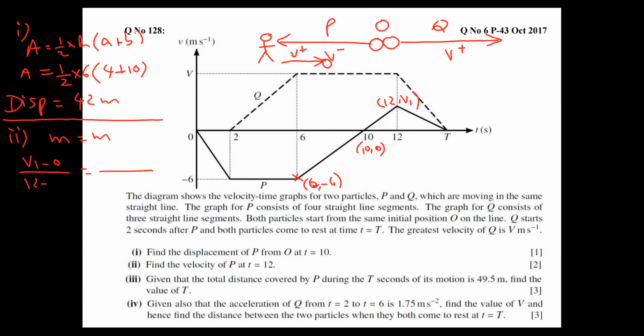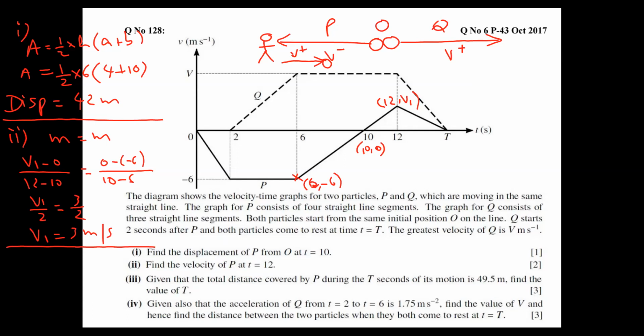First using this coordinate with this: v1 over (12 minus 10). Now on the right side I use both known values: (y2 minus y1) over (x2 minus x1), so 10 minus 6. So v1 over 2 equals 6 divided by 4, which is 3 by 2. The 2 cancels, so v1 becomes 3 meters per second. He was asking to find the velocity of P when time is 12. Alhamdulillah Rabbil Alameen, this point is also clear.